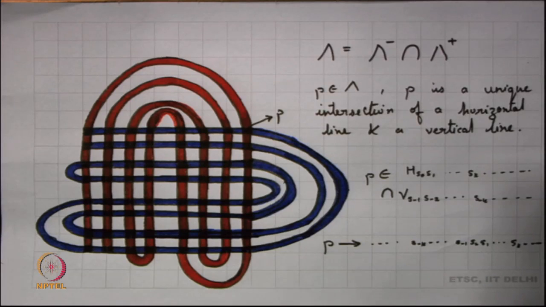Now, this is giving us an interesting picture here. So, let us try to analyze this once again. Now we look into our vertical rectangle.